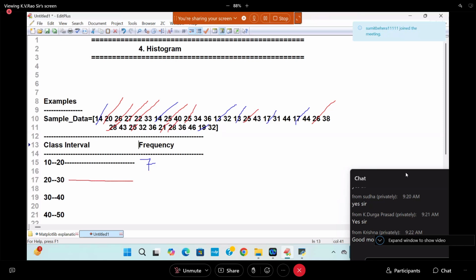That's all. How many red lines? 1, 2, 3, 4, 5, 6, 7, 8, 9, 10, 11, 12. What is the 12? The frequency of elements coming between 20 to 30.